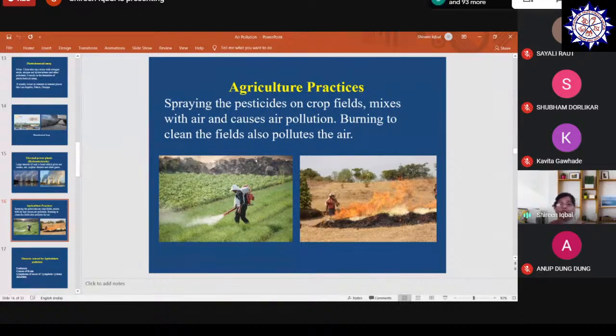Just to protect their crops, their vegetables, their fruits, whatever, from the pests, they are spraying pesticides. But they do not know this pesticide also causes air pollution.